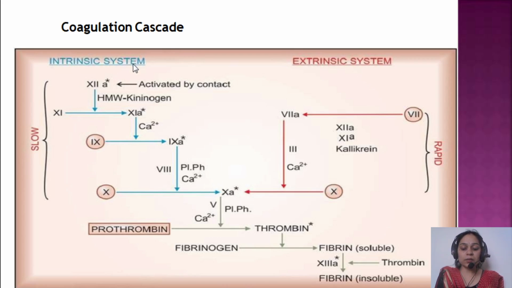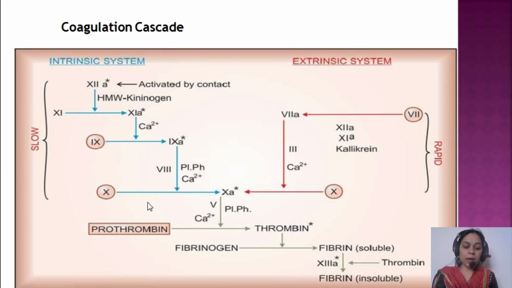Purpose of the intrinsic system is maintenance of hemostasis, while the extrinsic pathway is activated by trauma. The intrinsic and extrinsic pathways come together with the conversion of factor 10 to 10A.